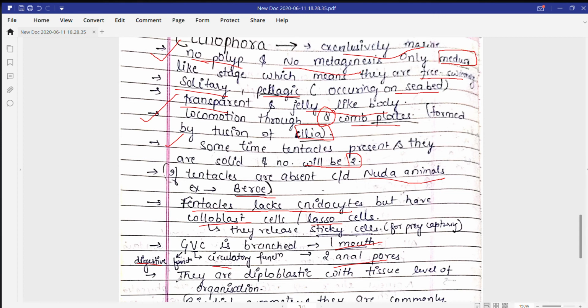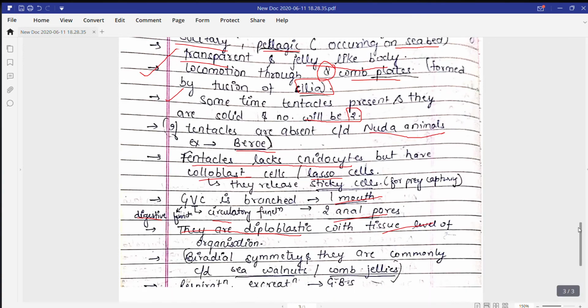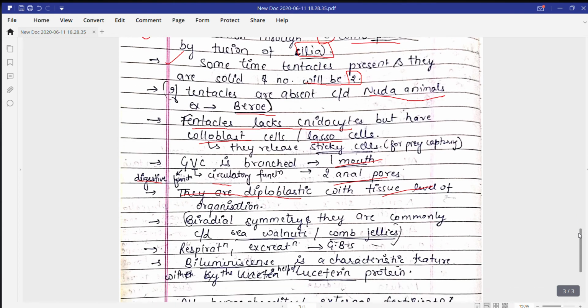They are diploblastic organisms, meaning they have two layers, epidermis and endodermis, with a tissue level of organization. They have biradial symmetry. Biradial symmetry means the body can be divided equally into two halves through two planes only.